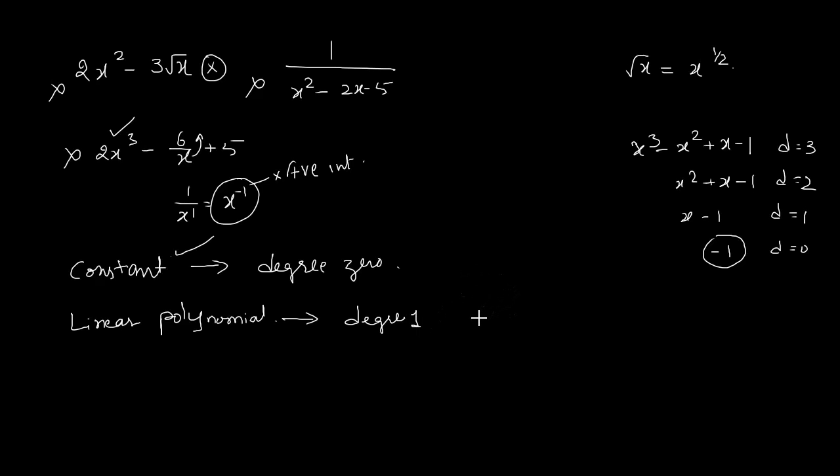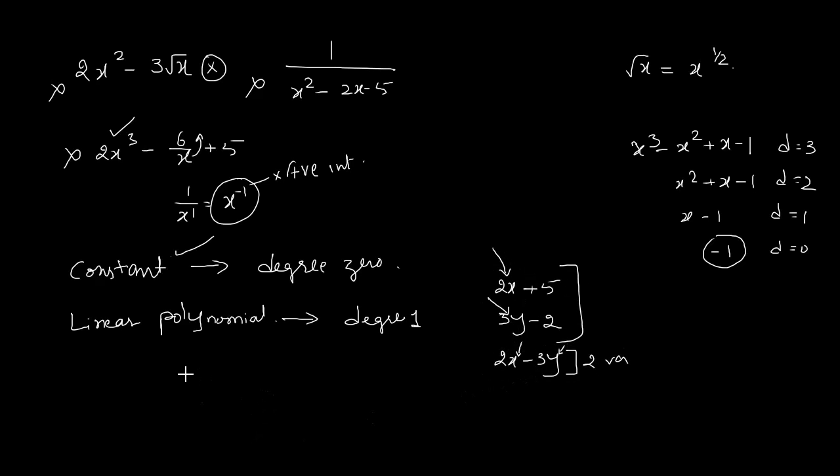Linear equations like whatever you have learnt in one variable or two variables, in all the cases the degree was 1. 2x plus 5, 3y minus 2 is a linear equation in one variable. 2x minus 3y is a linear equation in two variables, but the degree is still 1.